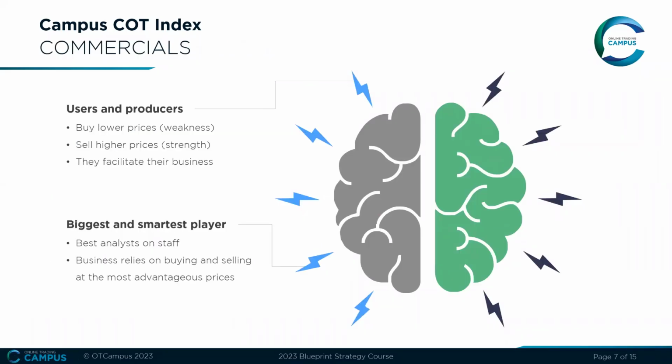So let's talk a little bit about the commercials' key characteristics, specifically in terms of how they make money. Okay. So the commercials, the users and producers of the commodities we trade, they will sell higher prices and they will buy lower prices. Okay, so let me maybe illustrate this using a palladium example. So if I'm a producer of palladium and I have a lot of palladium in my bins or in my storage, whatever the terminology here would be, I'm not sure.